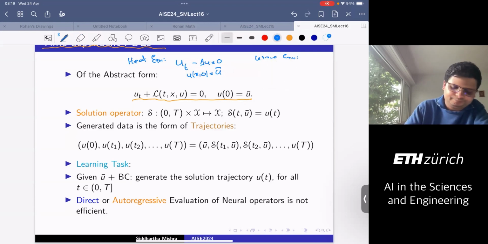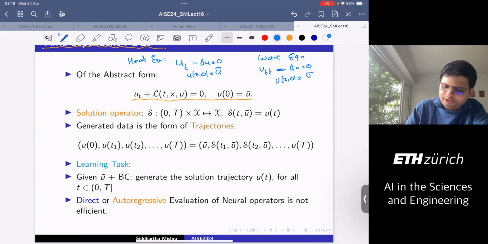So we are dealing with the wave equation just to illustrate the beast that we have to confront. And here the displacement v_tt minus Laplacian of v equal to 0, v at x, 0 is some v bar, and v_t at x, 0 is equal to w bar.